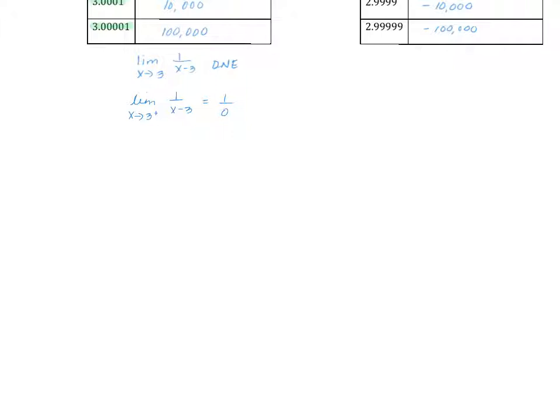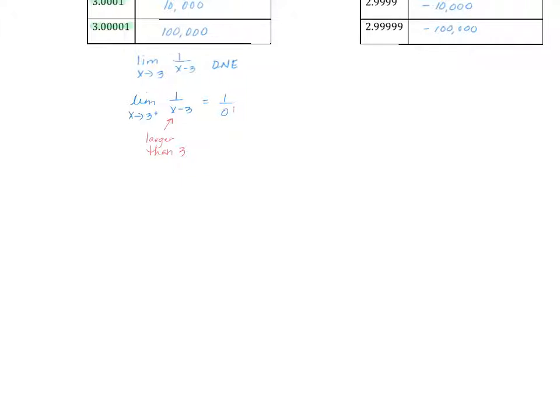Since we're looking at x values that are larger than 3, my denominator is always going to be positive.